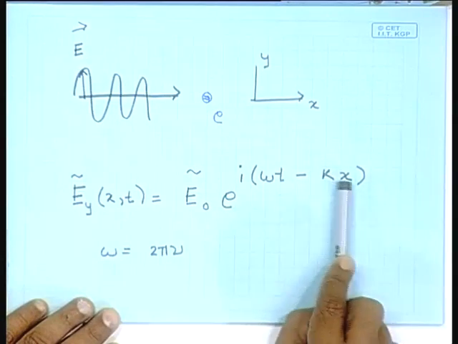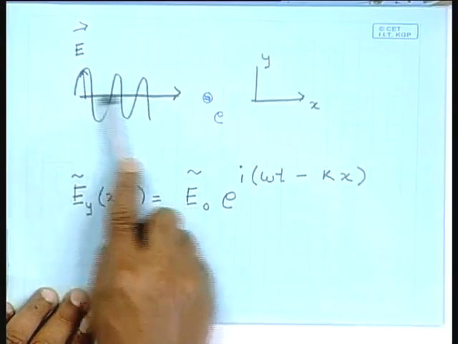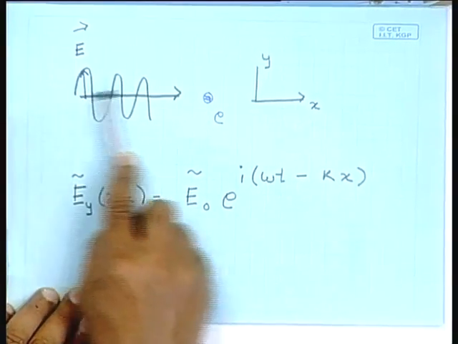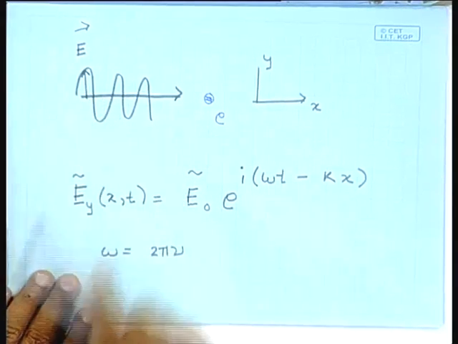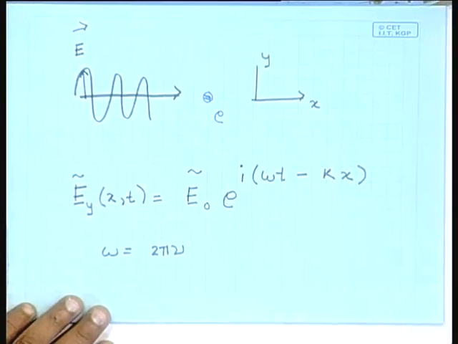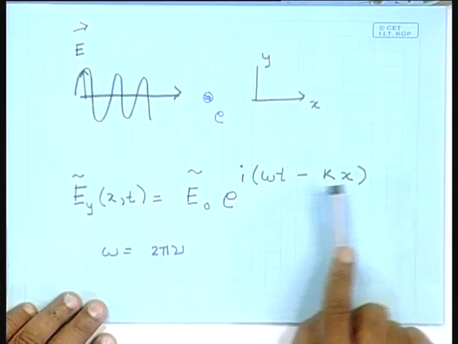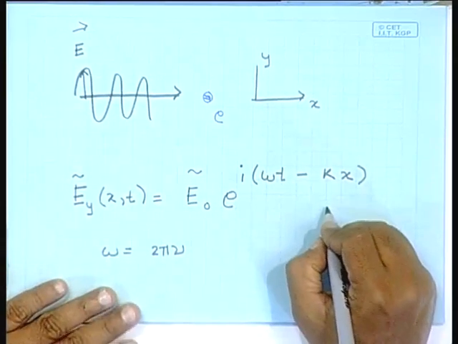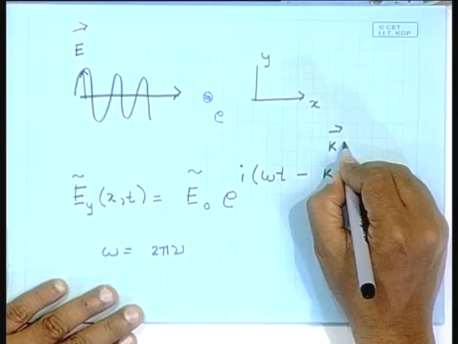And you have the wave number k, which is related to omega through the dispersion relation, and that determines the spatial repetition, the wavelength of this wave, how fast it repeats if I move along the x axis. And in general, if the wave is traveling in some arbitrary direction, I will have k dot r. So for a wave in some arbitrary direction, this will be the wave vector k dot r.